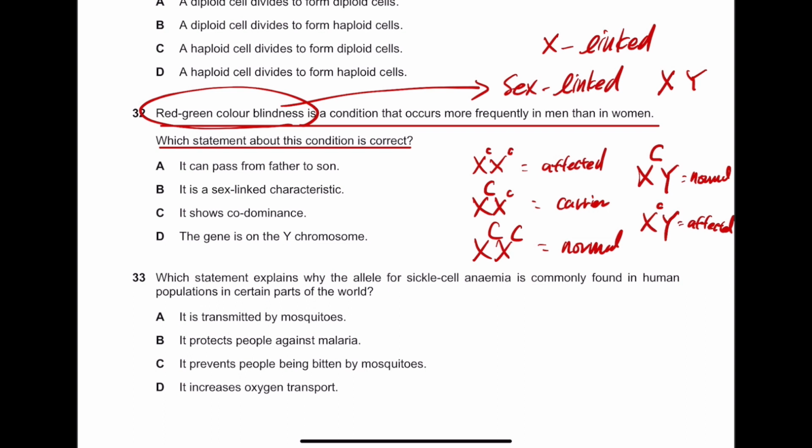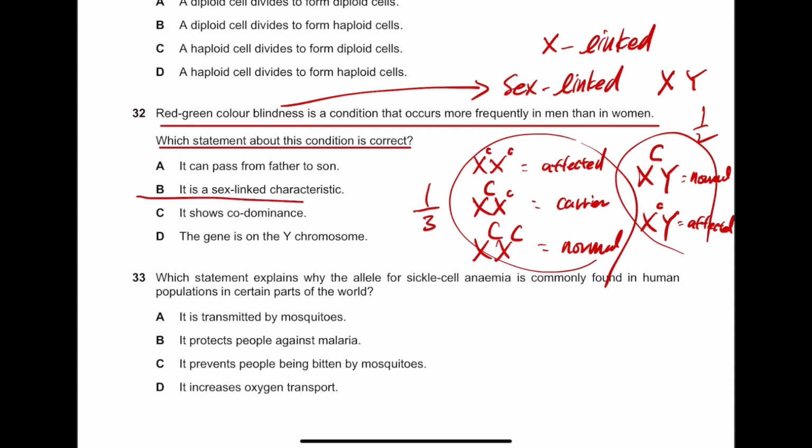So females have a 1 in 3 chance of having the color blindness, but for males, it's like half, 1 in 2. So this is why, statistically speaking, there are more males with color blindness than females. Okay. So number 32, the answer is B because it's a sex-linked disease or sex-linked disorder.